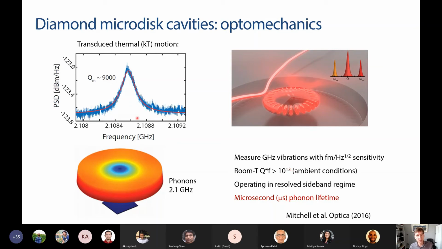And we measure it by looking at light that's transmitted through our fiber into the cavity mode and looking at the sidebands on that transmitted light. And what you find is that you have these sidebands at this mechanical frequency just due to the thermal, Brownian motion of this mechanical resonance, which basically scatters photons up or down in energy into Stokes and anti-Stokes sidebands.